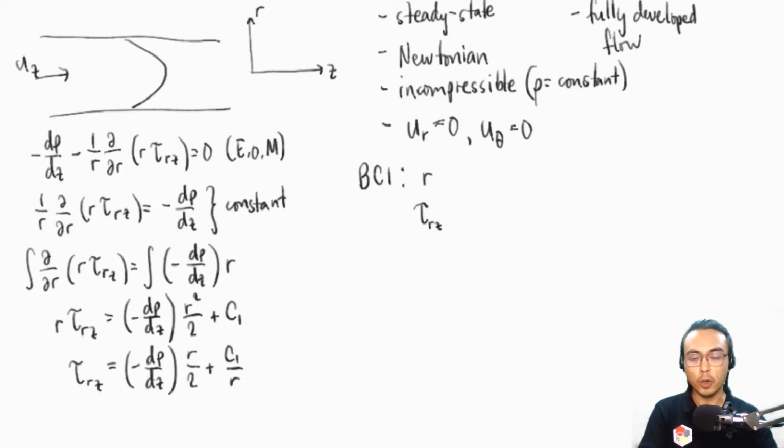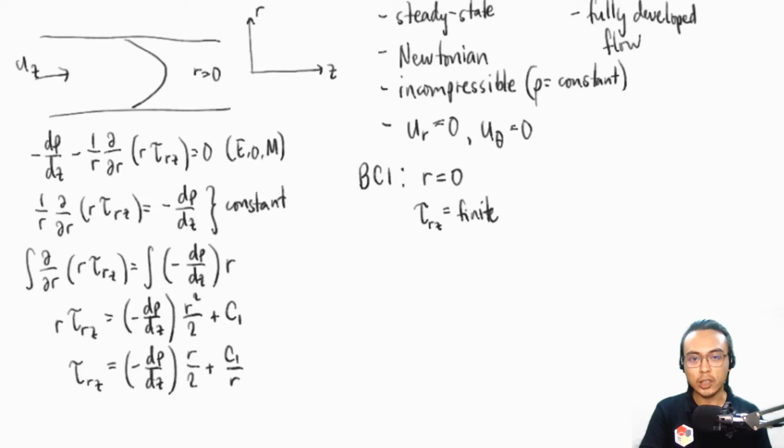At the middle of the flow, we represent that as r is equal to 0 based on the positioning of our coordinate system. So at r is equal to 0, tau rz has a finite value. Although we don't know the exact value, we just know that it's finite, therefore it's not 0 and it's not infinite. Okay? So it's somewhere between 0 and infinity. So it's a finite value.